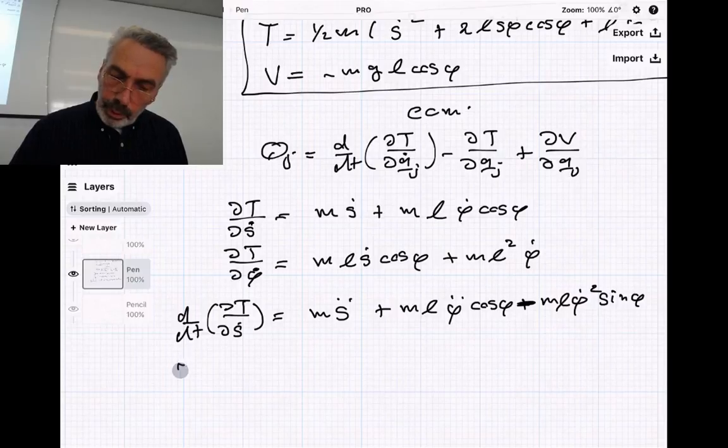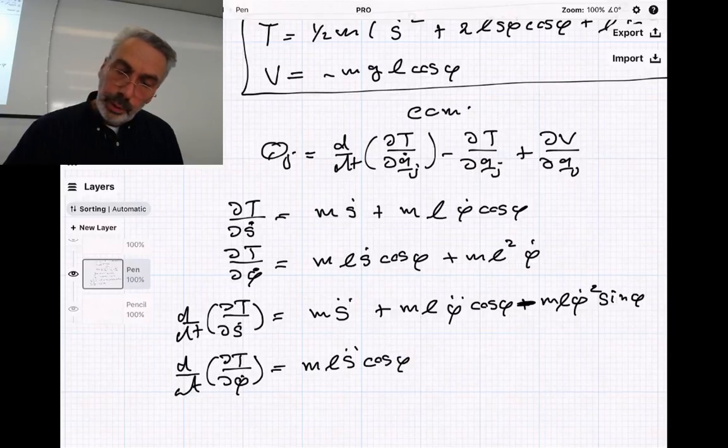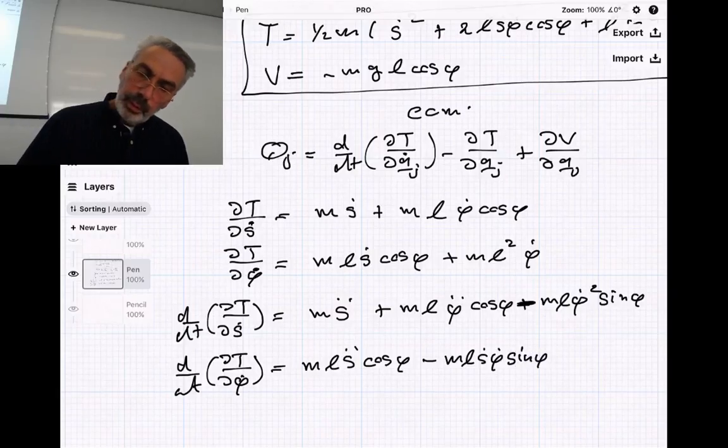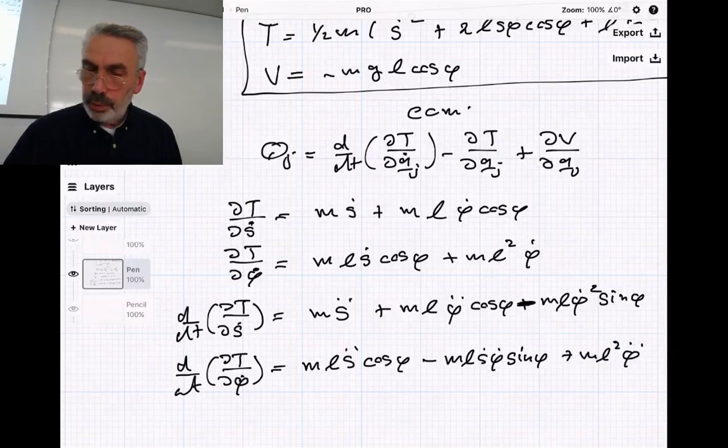And then the other one, phi dot. Again that guy, but now we get m l s double dot cosine phi, and then now this one is a minus, I'll do it directly: s dot phi dot sine phi. And then this guy, that's easy: m l squared phi double dot.